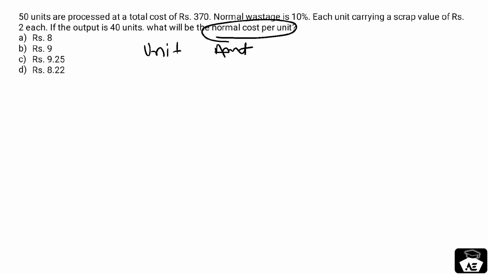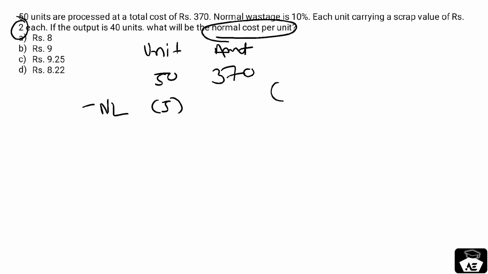So your units introduced are 50 units at total cost of 370. This is not a per unit cost, remember this. Then less your normal loss. Normal loss is 10%, so 10% of 50 units will be 5. And the scrap value is also there. So what is the scrap value? That is rupees 2 each.